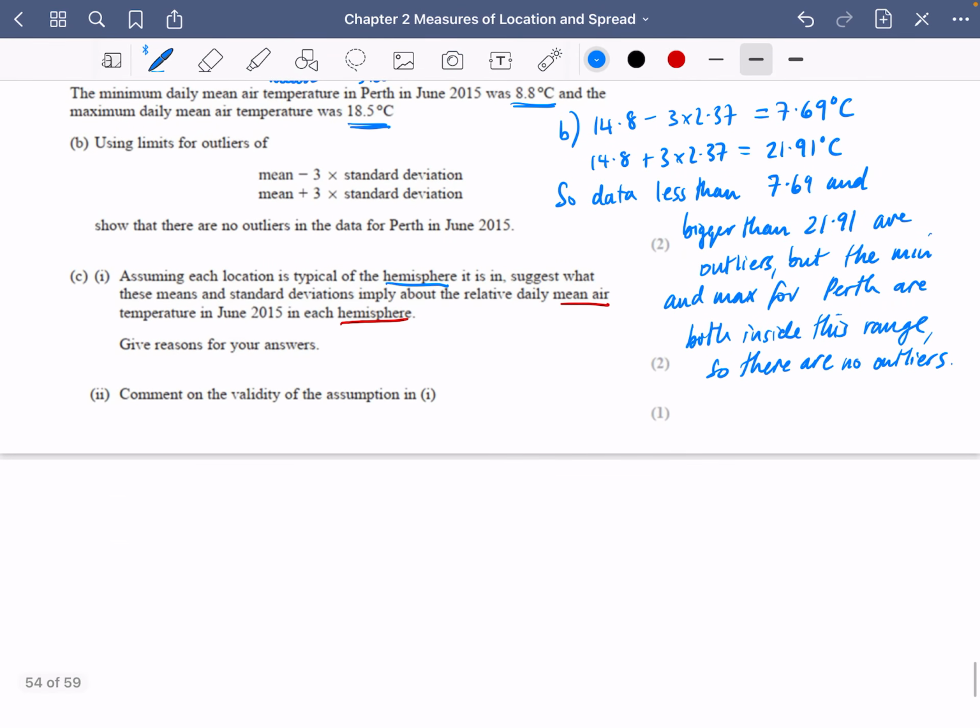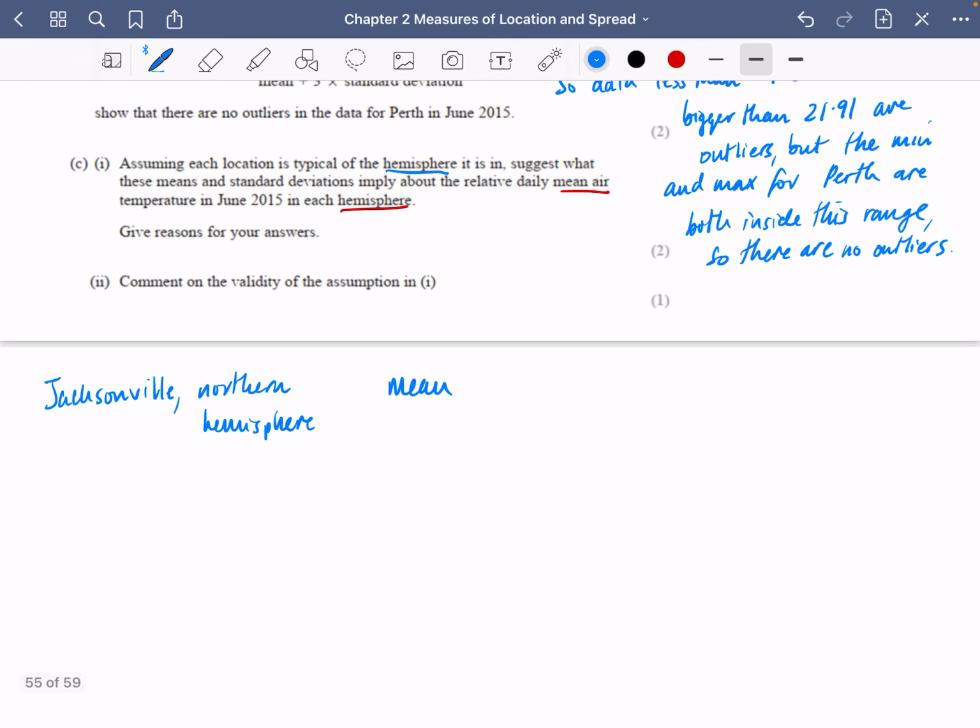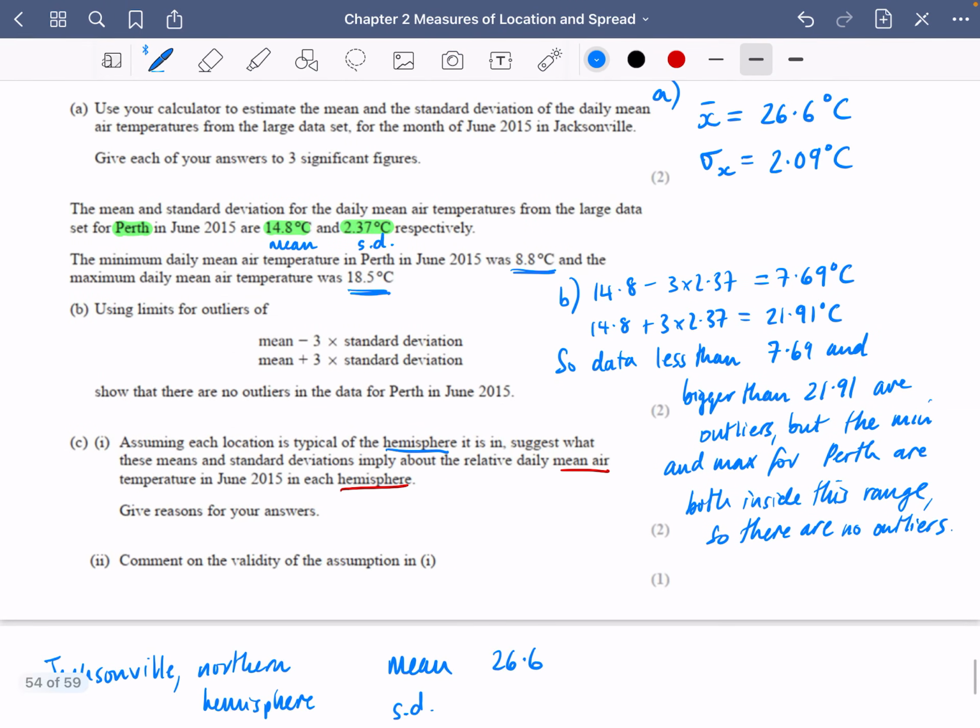So we should say Jacksonville, which is the northern hemisphere, we have the mean we calculated was 26.6 and the standard deviation was 2.09.